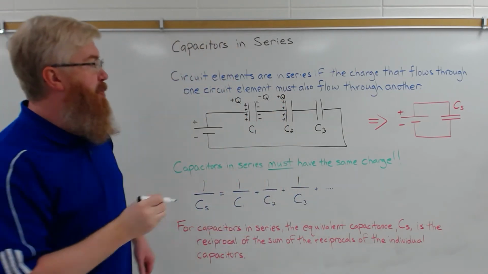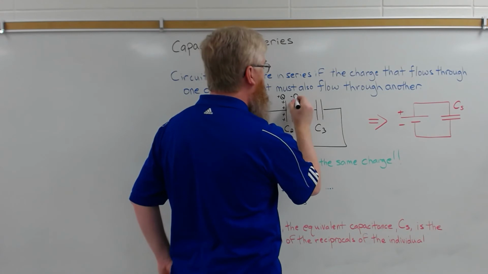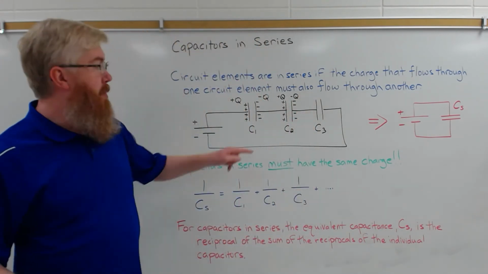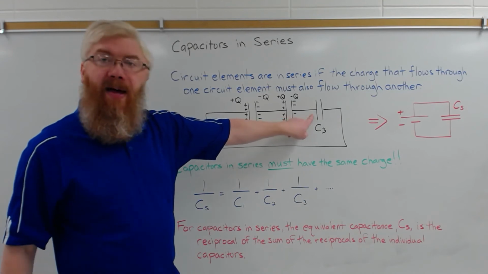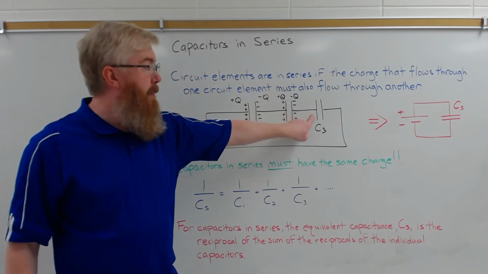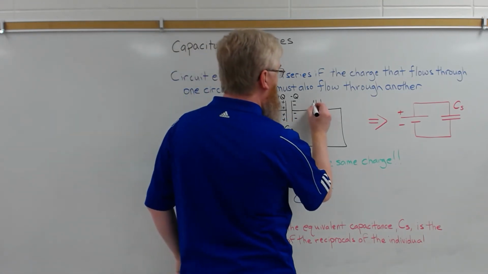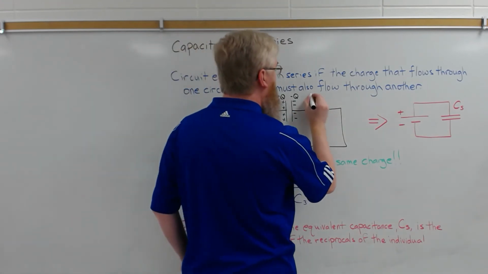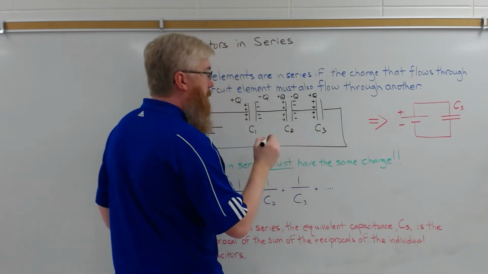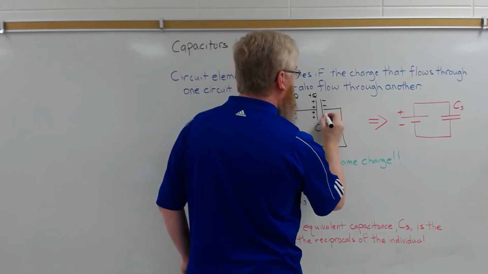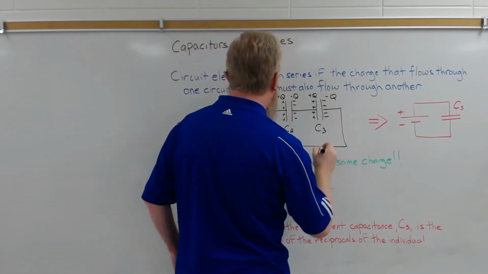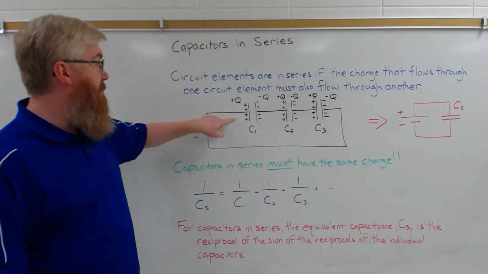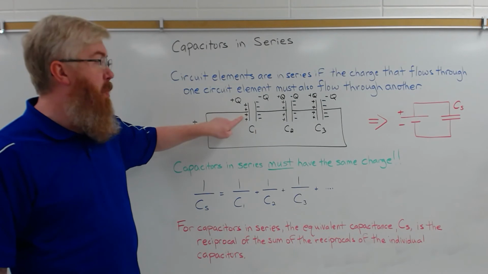If it has a charge of plus Q, the other plate has to be minus Q. Where did those electrons come from? Those electrons came from the left plate of capacitor C3. Since you removed those electrons, there's a net positive charge left of plus Q, and on the right-hand side of the plate, that is minus Q. And those electrons came from the positive plate over here on capacitor C1.